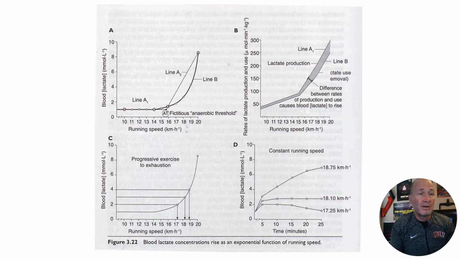But at some point, we reach an intensity that the lactate production starts to exceed the amount of lactate that can be buffered and or used. And that's where we see a divergence of those two lines. And then the amount of lactate in the blood is the difference between these two lines. And these lines are getting further apart, meaning blood lactate actually goes up. And so two things.